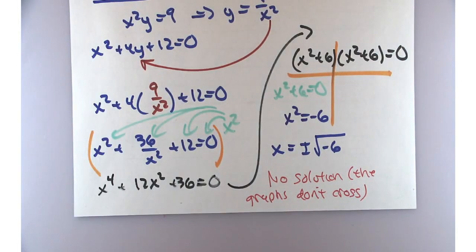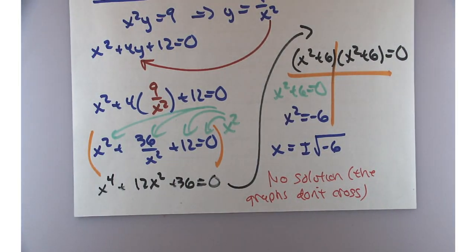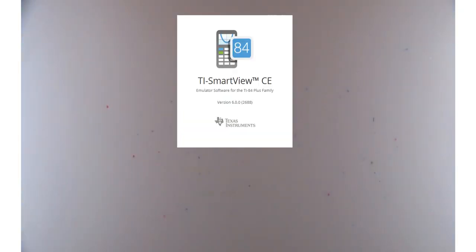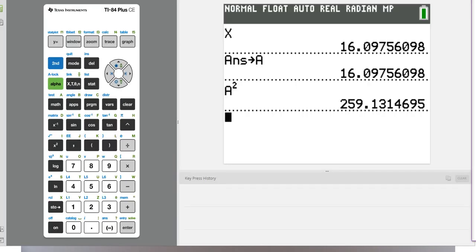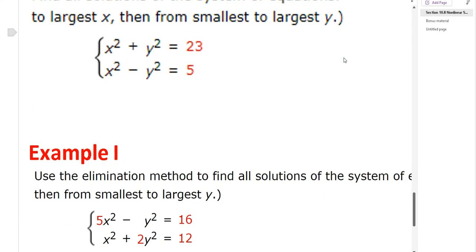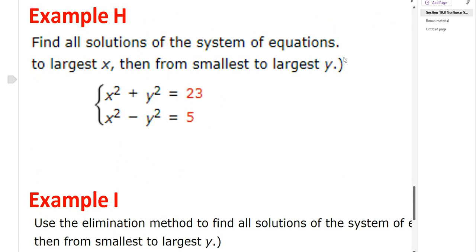Now there's one last thing that I'm going to help you out with, and we'll do it with example H, and it's just kind of a review. Just a review of some of your calculator skills. So let's look back at example H. It says find all solutions to the system of equations.